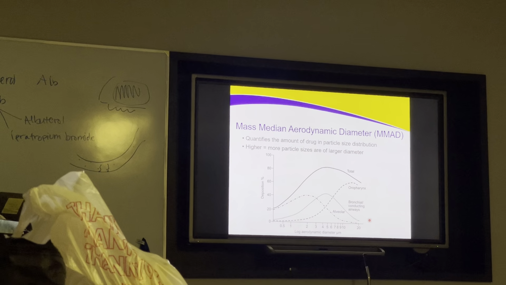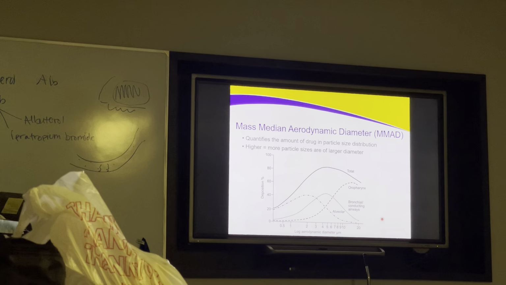Anything that's big suffers inertial impaction and gets filtered out first. Everything that's little makes its way through. So the higher the MMAD number, the more particles that are larger in diameter, and larger things typically get strained out first.